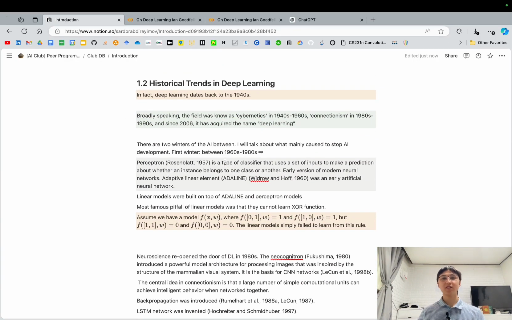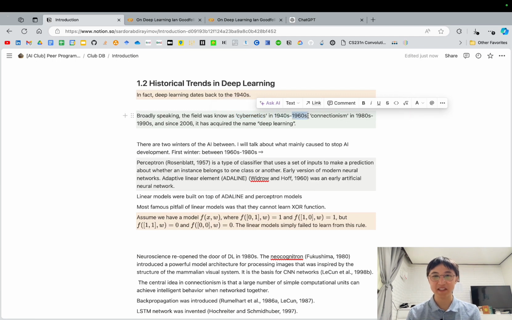Let's talk about historical trends in deep learning. In fact, deep learning goes back to the 1940s. From that time, people started talking about AI and deep learning. One interesting fact is that we think deep learning is a comparatively new field, but it is old. In the past we called this field cybernetics, in the 1940s to 1960s.